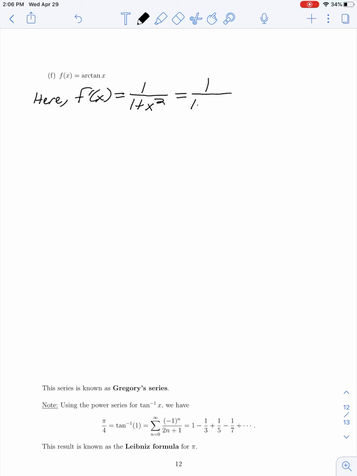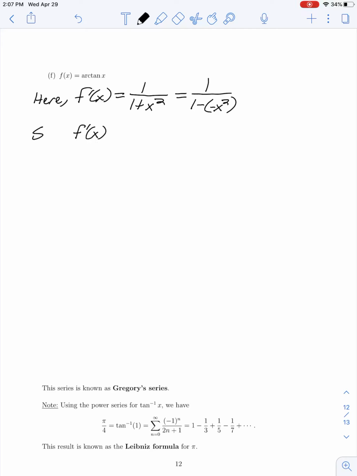I would have 1 over, instead of 1 plus x squared, I can think of this as 1 minus negative x squared. And this now has the form of the sum of a geometric series.